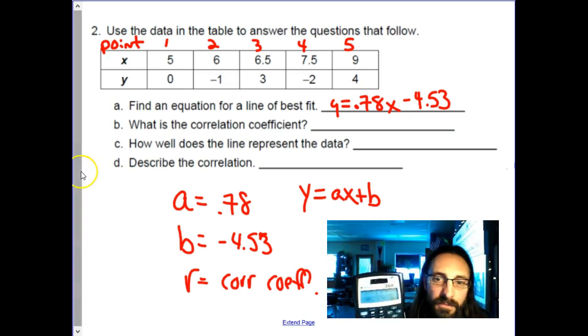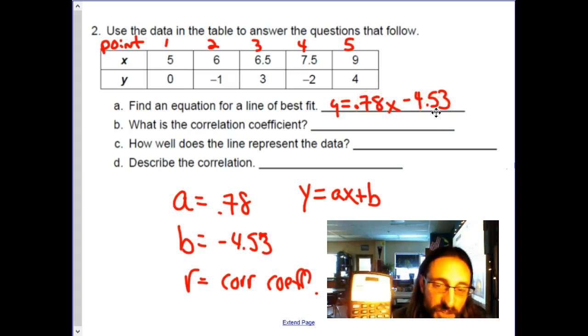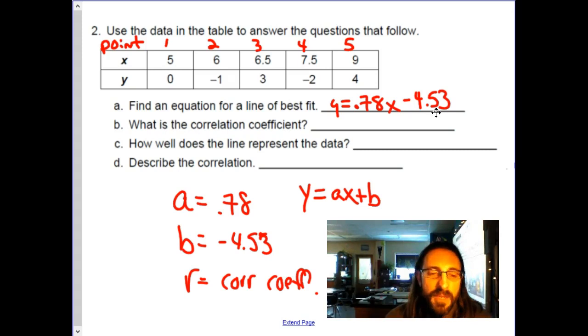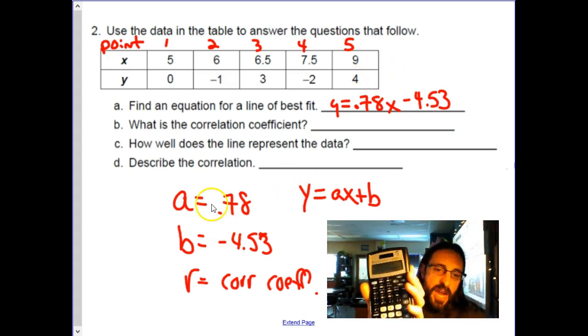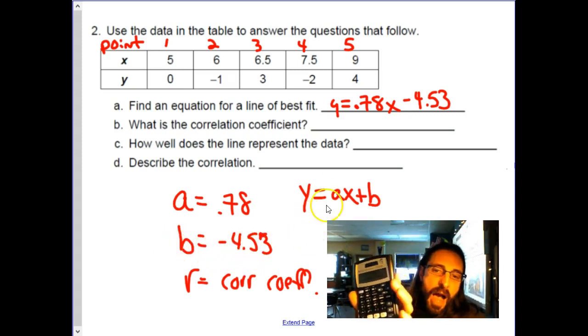If you plug in any of these x coordinates into this equation, you'll get a y coordinate out. So just for kicks, let me do this here for a second. You might find this interesting, and then I'll stop, and then you can go on to your problems. So based on this, A, the slope, was 0.78. B, the y-intercept, negative 4.53. I'm going to plug 5 in here.